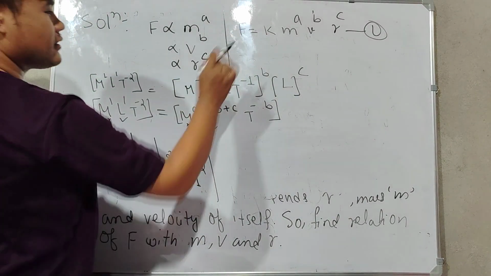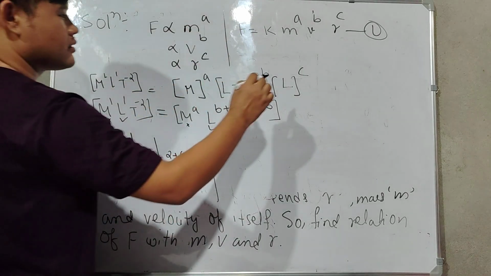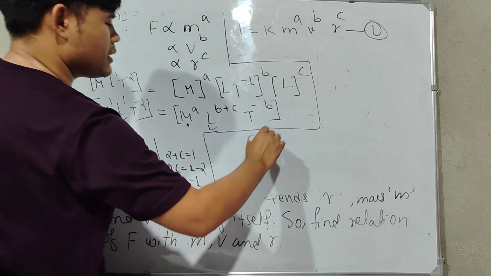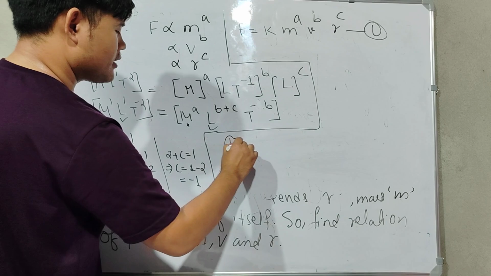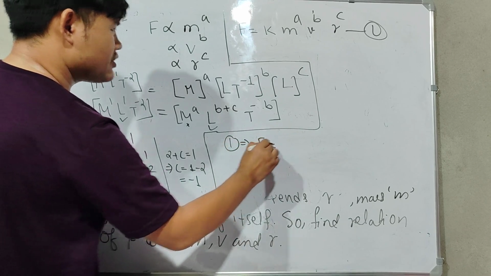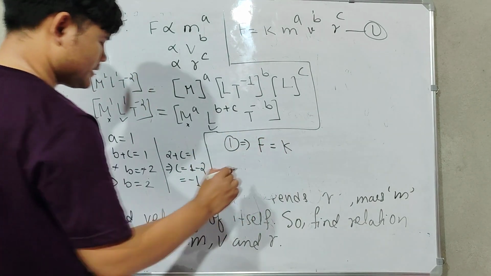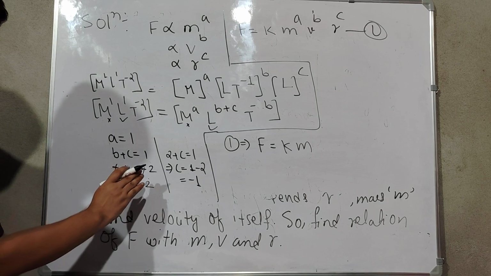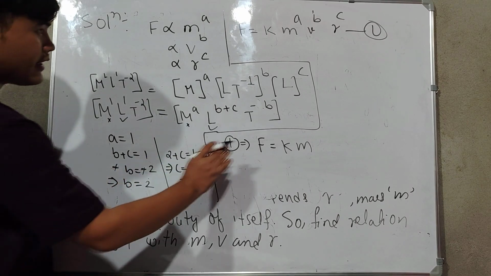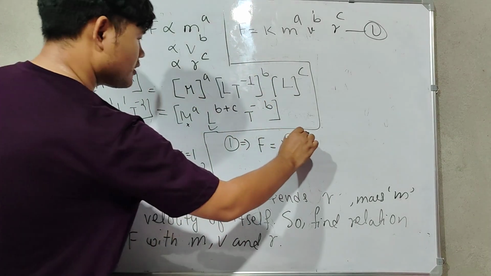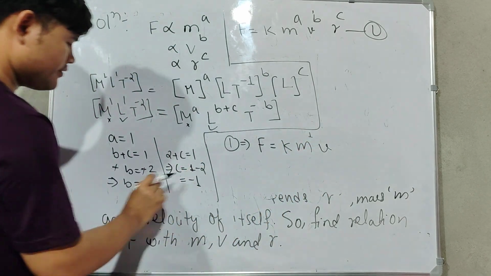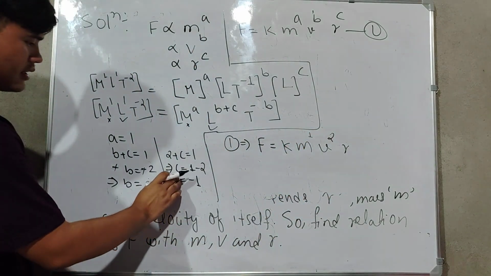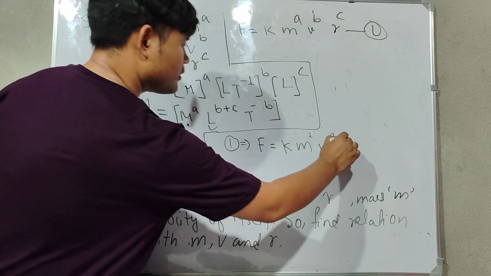Now substitute here. Then what will you get? In equation 1, F is equal to K. M value is how much? A is 1, B is 2, and then R, C value is minus 1.